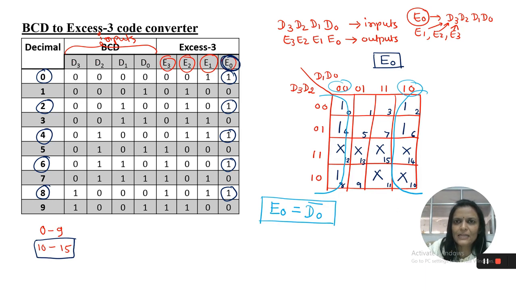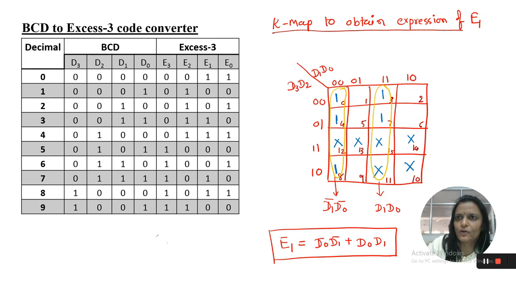Similarly, you can use this K-map approach to find E1, E2 and E3. In the following slides, I have already drawn the K-map for the E1 column. The procedure is the same: check for which decimal numbers E1 is giving one, accordingly place the 1s and don't cares, form the groups and write the equation.